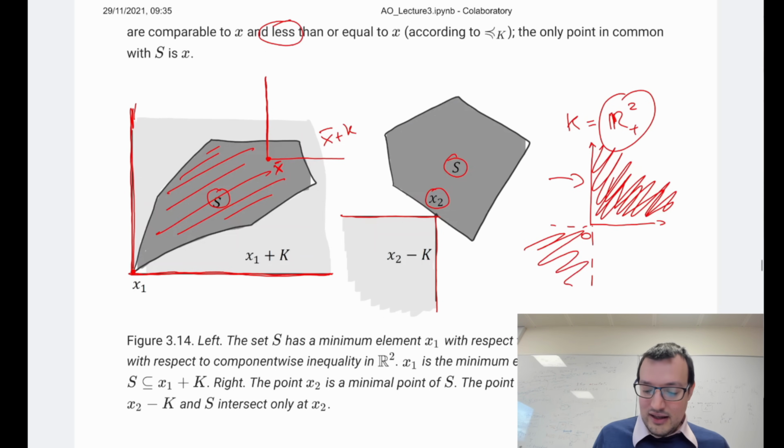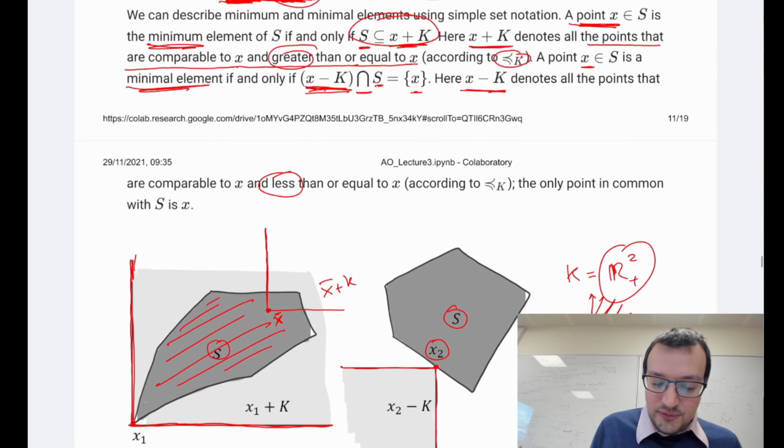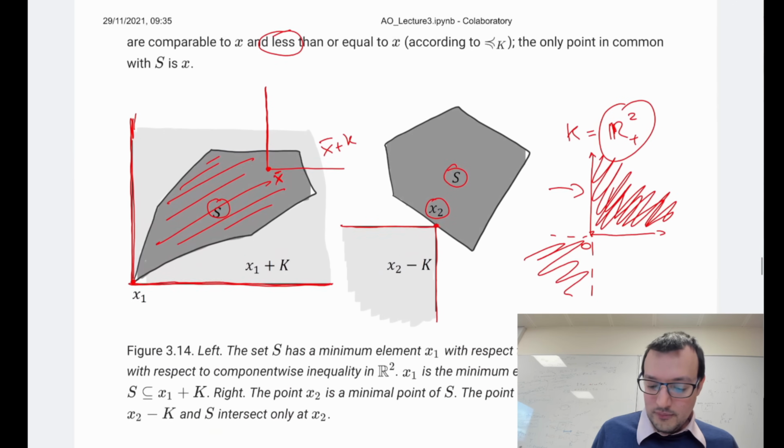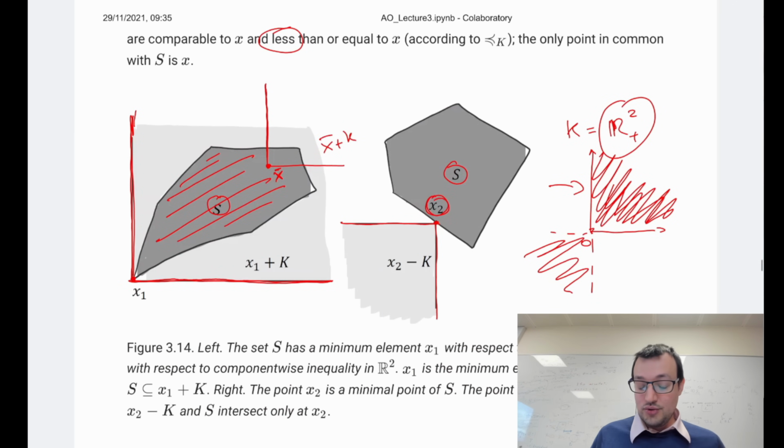And x2 is going to translate the origin such that this point is going to be x2 instead of being 0. The condition is that if we do the intersection between x2 minus K and S, we need to get as a result x2, and this is the case. This x2 is the only point there. But of course, this x2 is not unique.